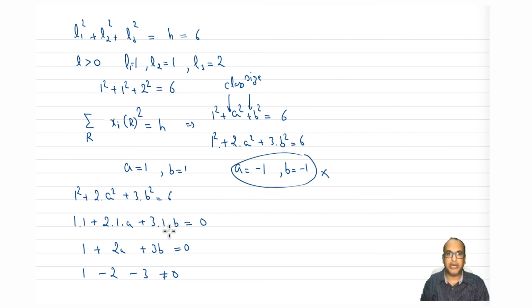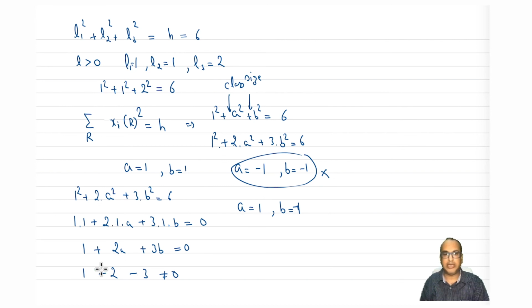Again, we are doing hit and trial, but we don't need to do hit and trial here. We can actually solve it properly because there are two variables and two equations. Okay. So now if we do A is equal to plus 1 and B is equal to minus 1, it does solve this, right?